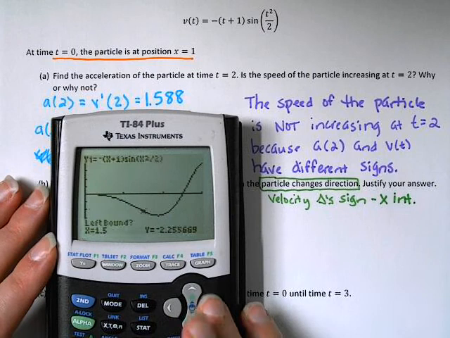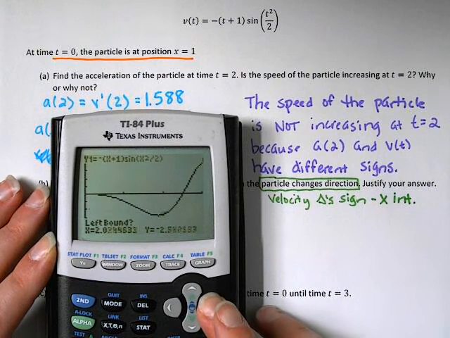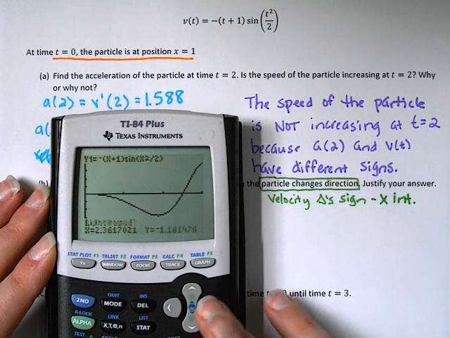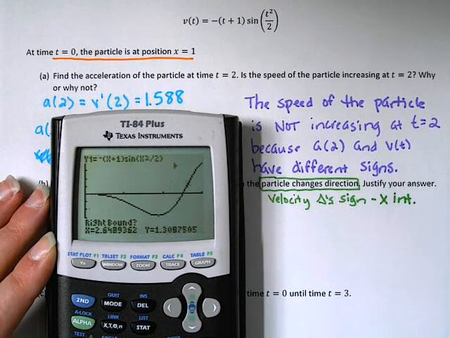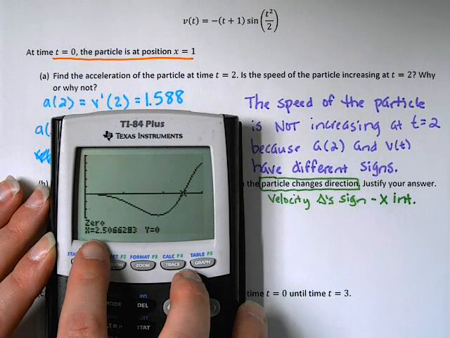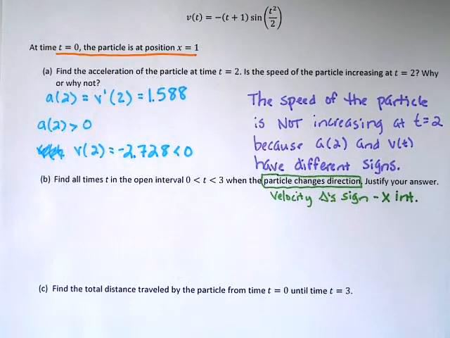So we're going to calculate the 0. I'm going to set my left bound here, and then my right bound here, and tell it to guess. So I get that my 0 is at 2.507.